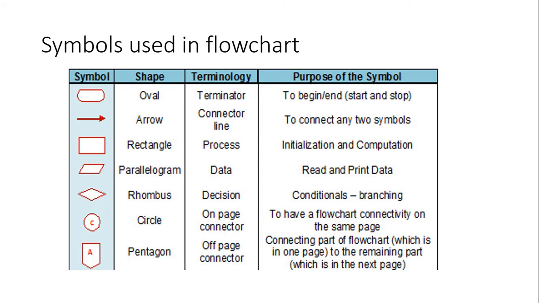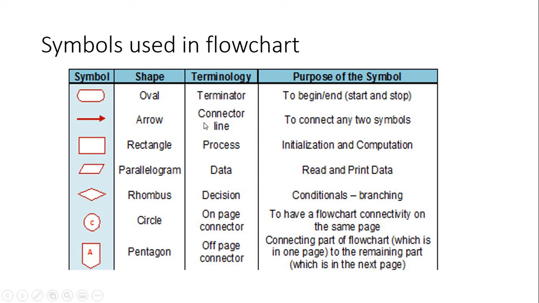If there are initializations or calculations, the process symbol is used. Another important symbol we have is the parallelogram, which is used for reading and printing the data. Other symbols we will discuss in the next class.